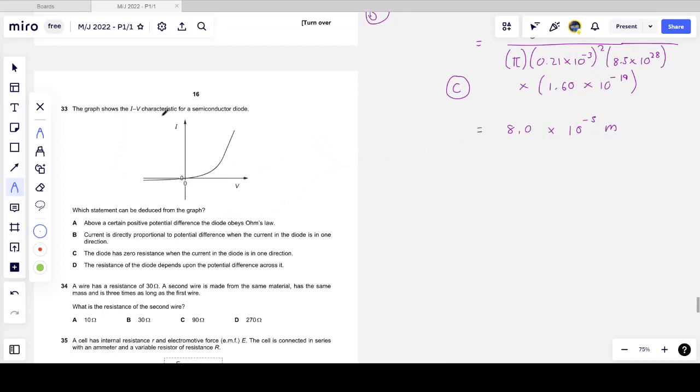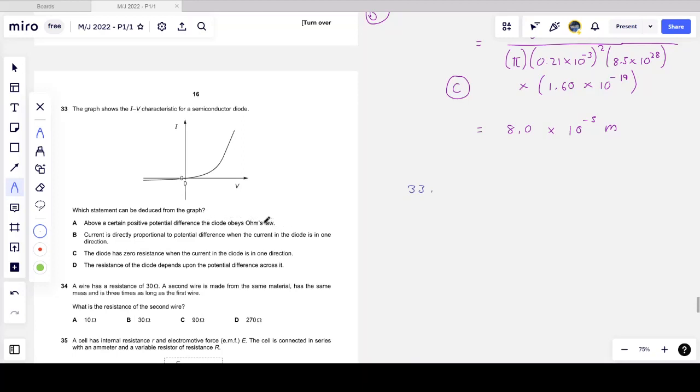Okay, question 33 shows the IV characteristic for a semiconductor diode. So as the voltage increases, you can see an increase in current. And so we want to know what can be deduced from the graph. This is a little bit more application. Above a certain positive potential difference, the diode obeys Ohm's law.